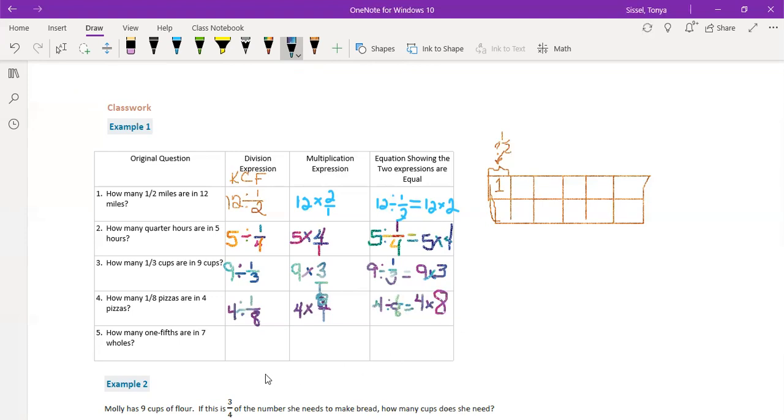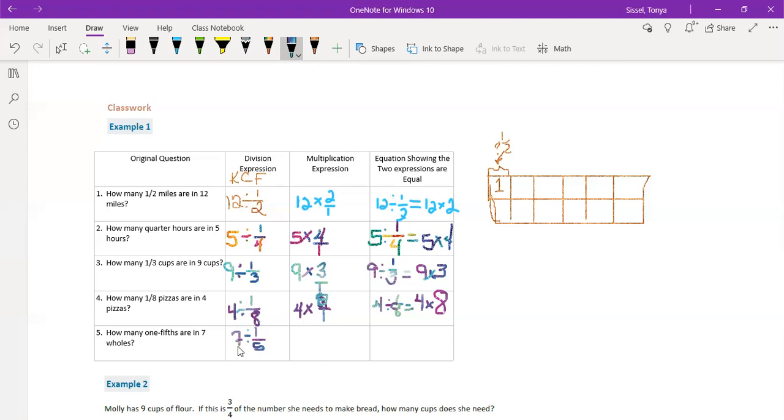Okay, one more in the table. How many 1/5 are in 7 wholes? So if I've got 7, I have 7 cookies. I want to break each cookie into 1/5, so break them into 5 pieces. How many 1/5 am I going to have?